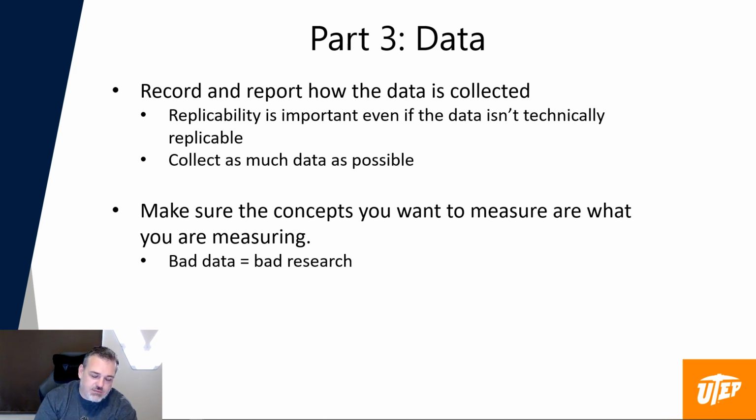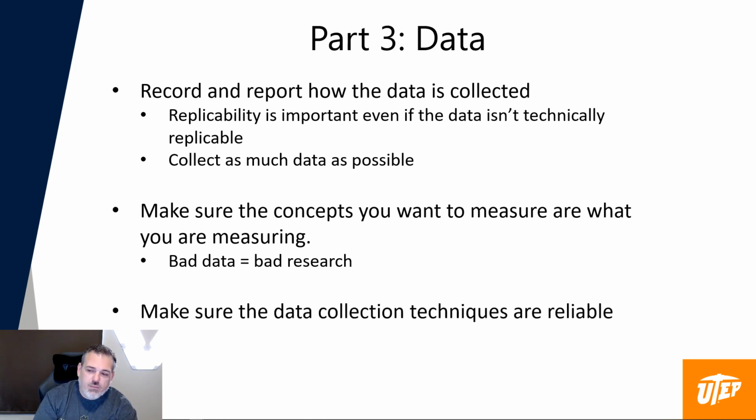And lastly for today, the book urges to make sure your data collection techniques are reliable. Now, we're going to talk in more depth in the upcoming classes about the difference between reliability and validity.